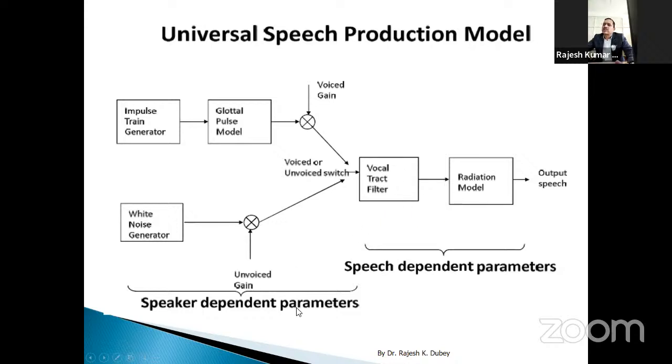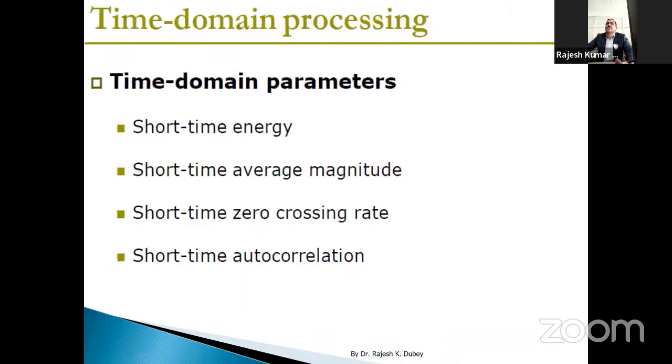So the complete model is divided into two parts: speaker dependent and speech dependent. The upper part is for voiced and the lower part is for unvoiced sound. Now we understand the speech signal as a voiced and unvoiced speech production model. When the processing part comes, it is now a digital signal and we can apply speech processing techniques. But when we go to apply speech processing tools, we'll talk about short time.